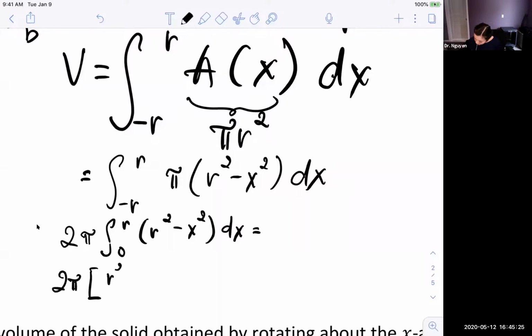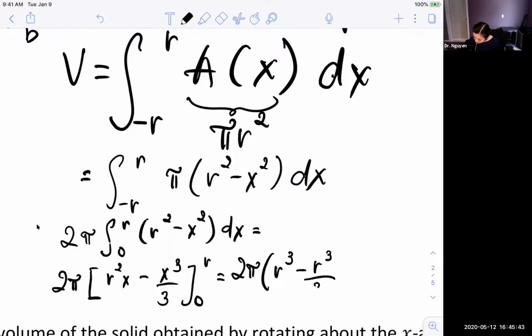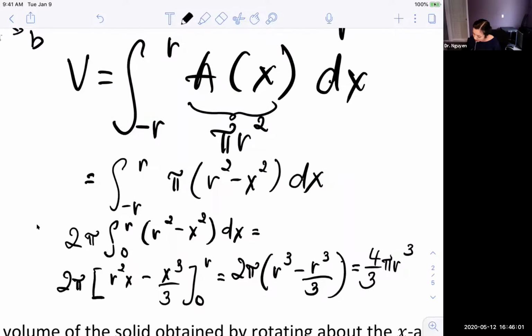We get r squared x minus x cubed over 3, from 0 to r. So it's going to be 2 pi times r cubed minus r cubed over 3. If you get the LCD, we're going to end up with 4/3 pi r cubed. All right, so that's the first example.